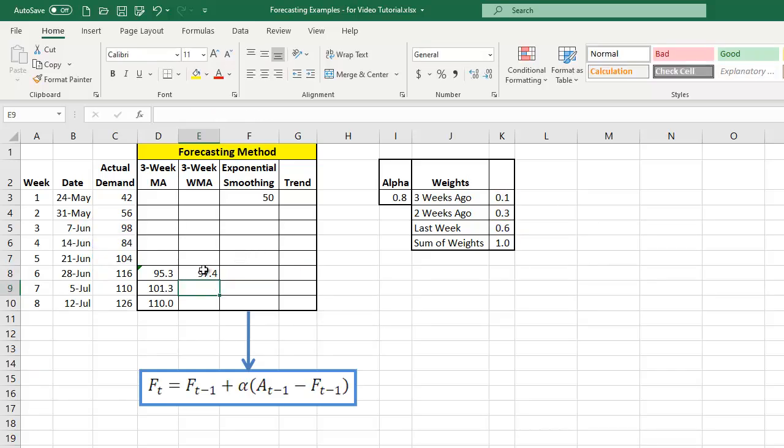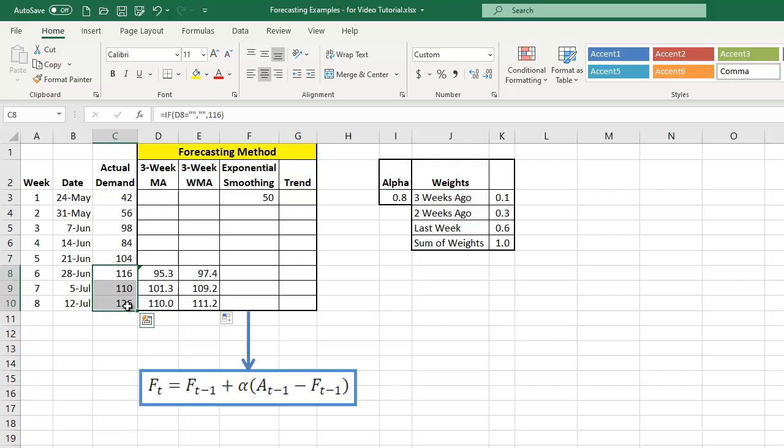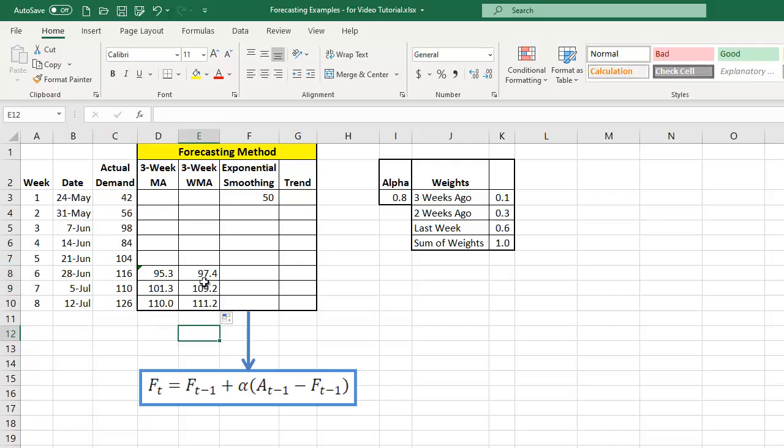And now we're going to copy that down through the remaining periods here. Notice that the weighted moving average forecast is actually closer to what the actual demand turned out to be. And so that's one of the benefits of using a weighted moving average. If there's an upward trend, the weights will help you follow the trend a little bit better.